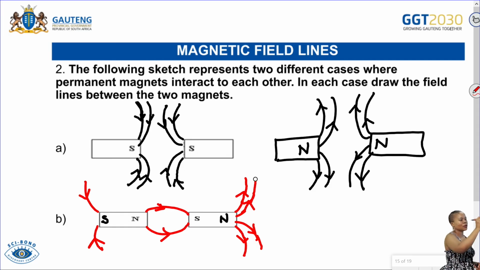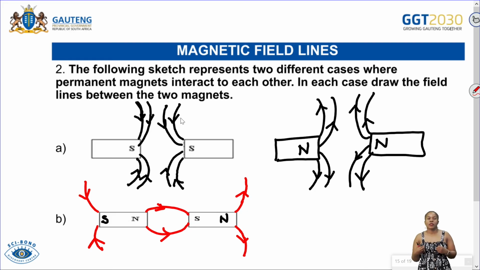There you go. Even on this side, so that it's easier for you to see, let's just make it 1. Okay, so it's from the north to the south, and the ones that are interacting with each other from the north as well to the south.